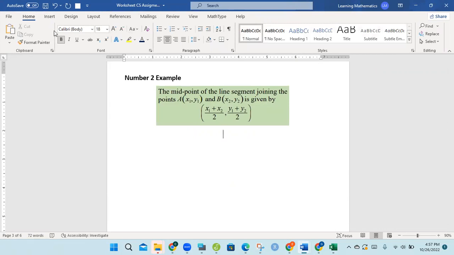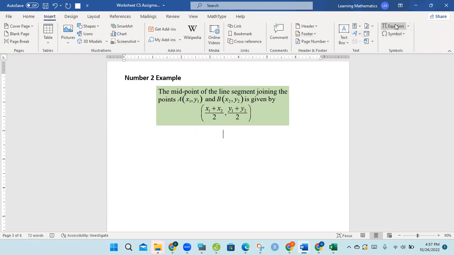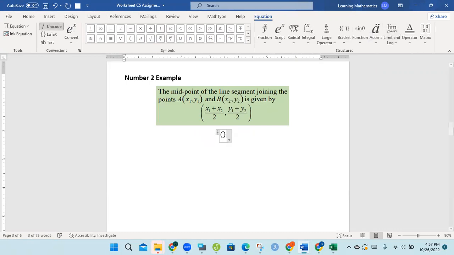So for example, negative 3, comma, negative 10, and say we have 8, comma, negative 4, for example.